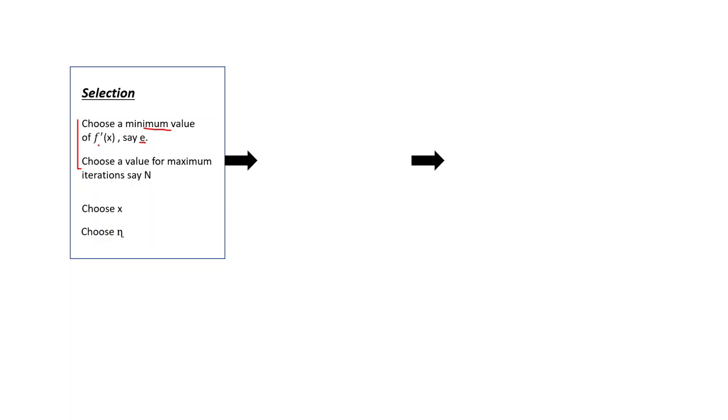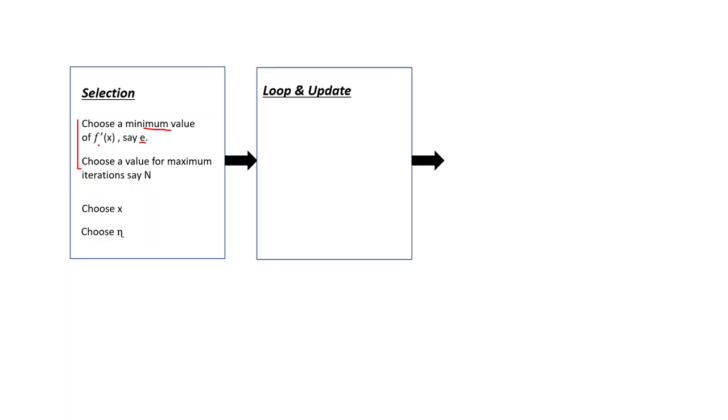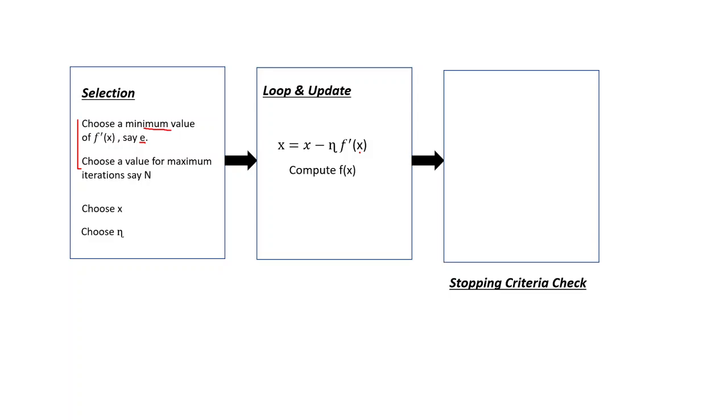The next step is going to be loop and update, where we will be updating the value of x as x minus eta f prime x, and we'll also be computing the value of f x. Now the third part is going to be the stopping criteria check, like how far we will be continuing with this particular section, like how many times we'll need to update the value of x.